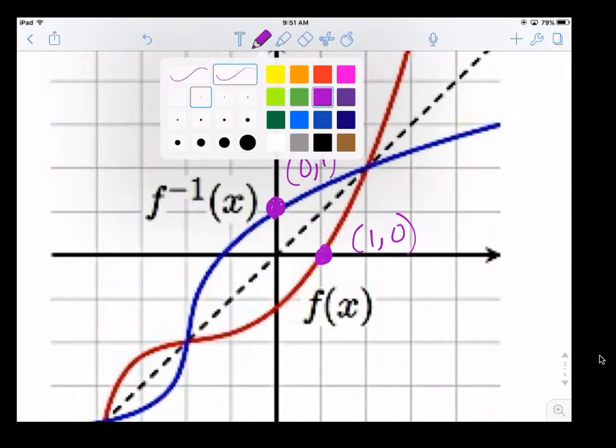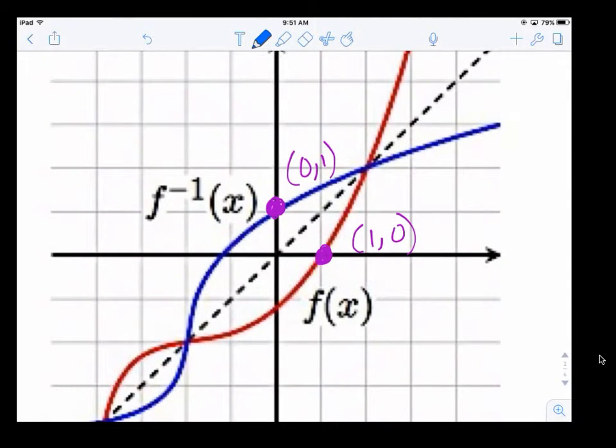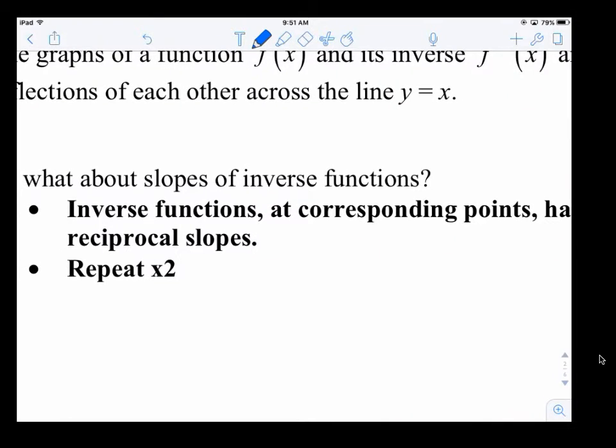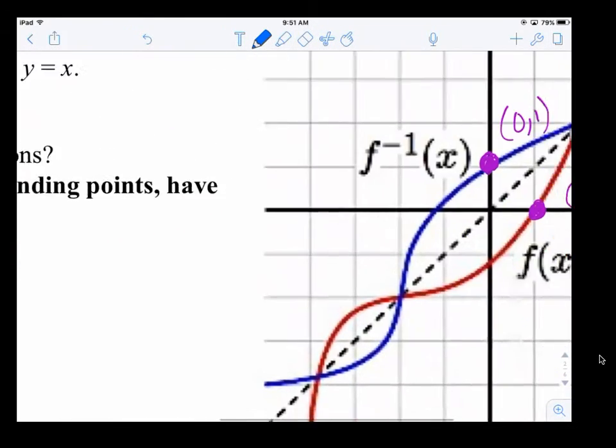Now, at these particular points, on the left, inverse functions at corresponding points have reciprocal slopes.